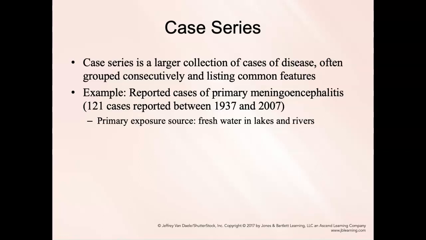Your textbook gives you this example of reported cases of primary meningoencephalitis between 1937 and 2007, and talks about the primary exposure source being fresh water in lakes and rivers.